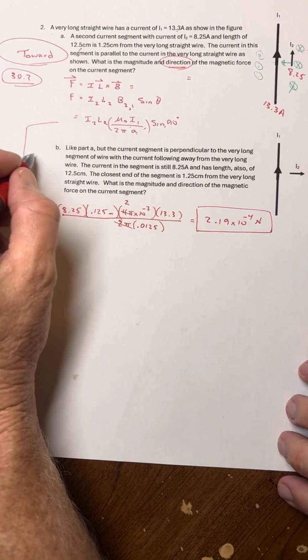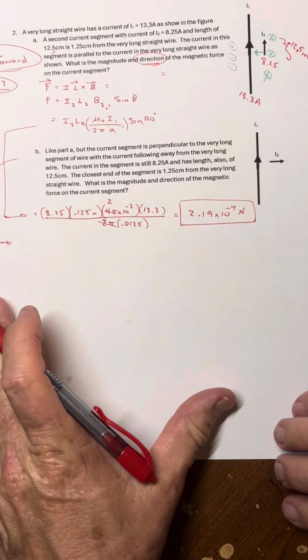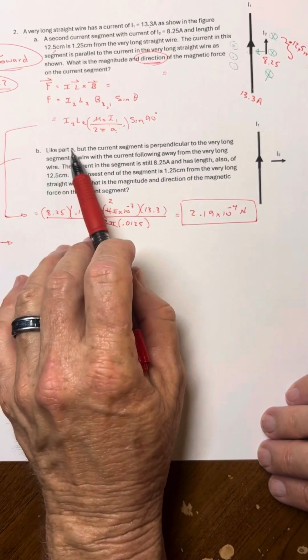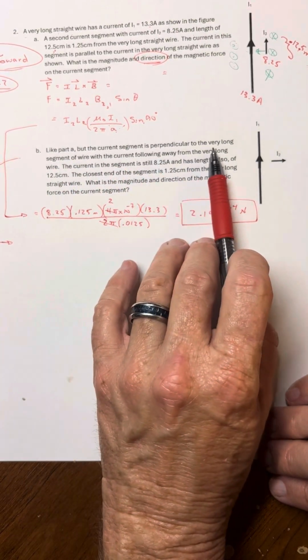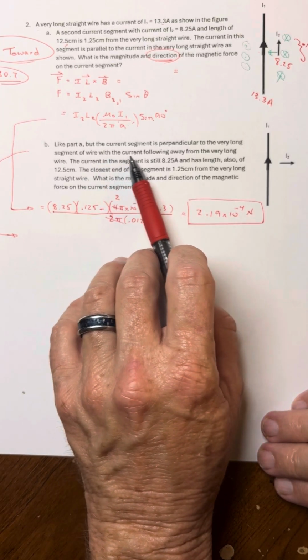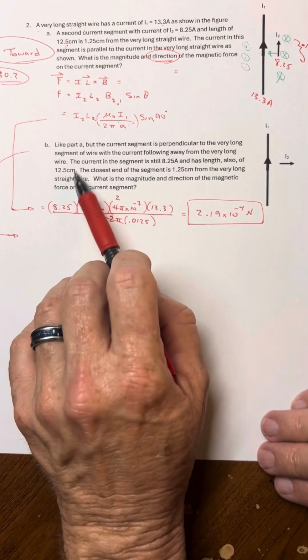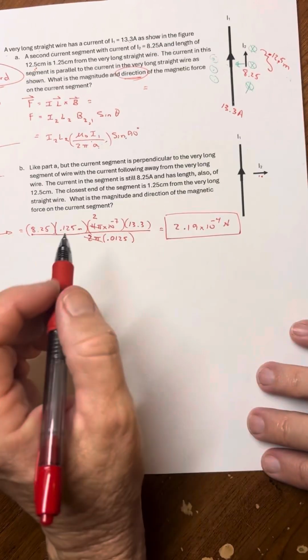Now, B, as usual, it's a little harder. B says we have something very similar to A, but this time the current segment is perpendicular. So look at this picture to the very long wire. And the current flows away from the very long wire. So again, as the picture.